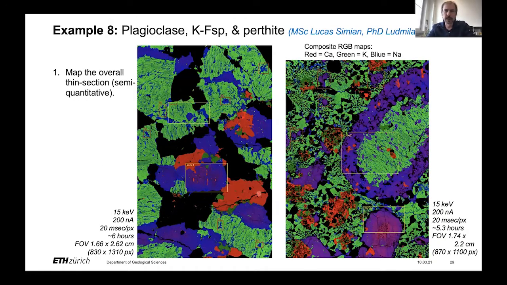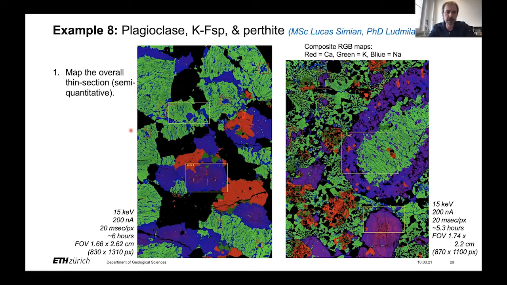This is brand fresh. These are acquisitions from last week and last weekend with Lucas Simio. Lucas is working with me and also with Ludmila and Olivier on this granite of Pikes Peak in Colorado. We started by just having an overall qualitative or semi-quantitative map of the entire thin section.